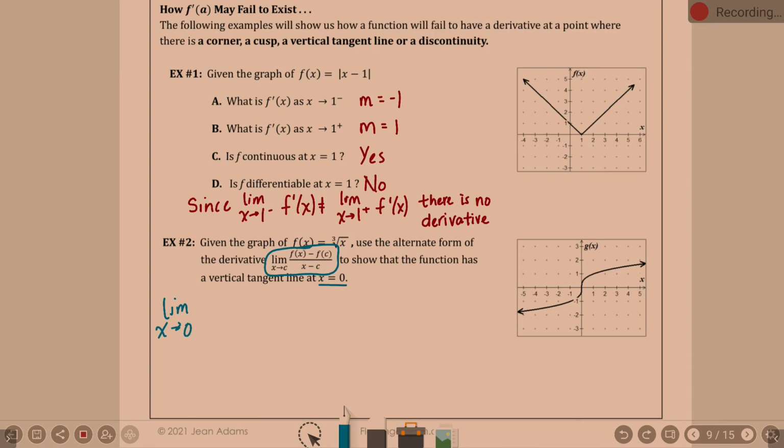Of f of x minus f of c. f of x is cube root of x, minus f of c, which is cube root of 0, over x minus c, or in other words, x minus 0.